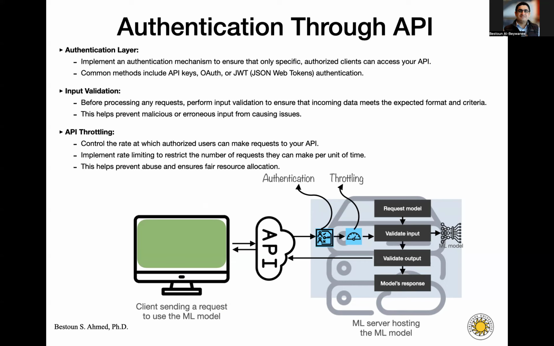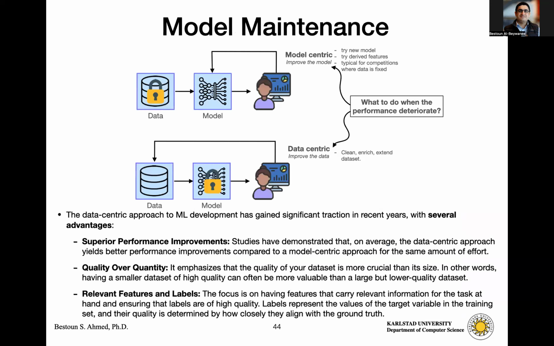And also throttling means you have to specify in your API how many requests you are getting. For example, if somebody tries to take your system down by sending thousands of requests, and your model cannot handle thousands of requests per second, you have to limit and test this. That is also going through the authentication and validation of the input.